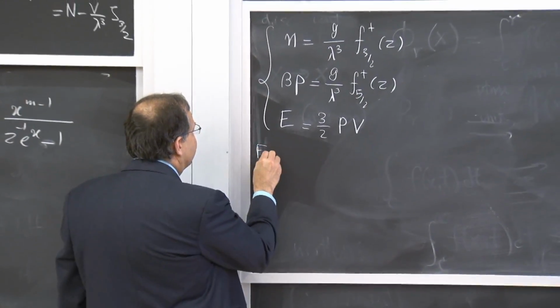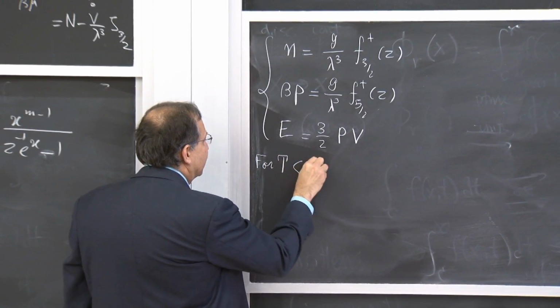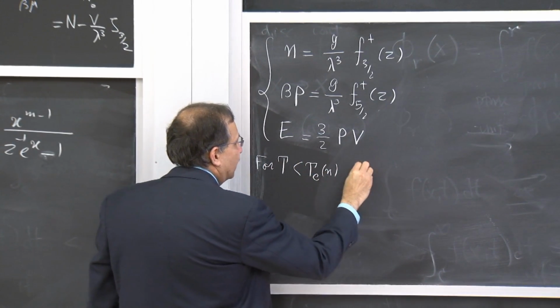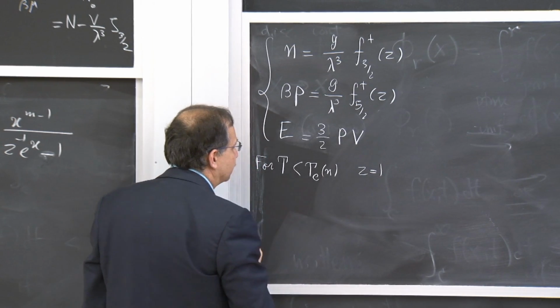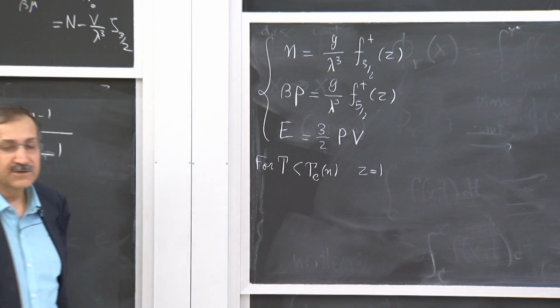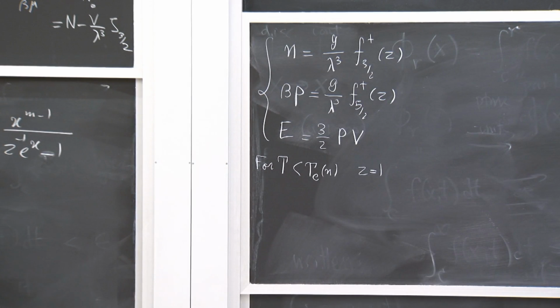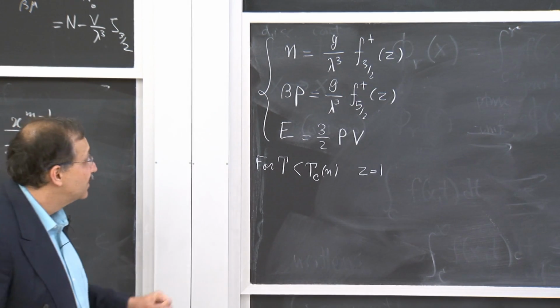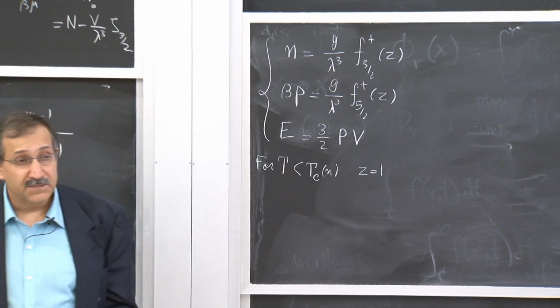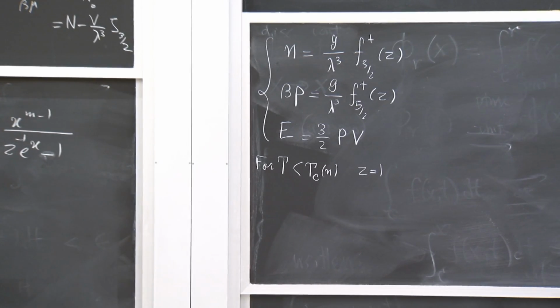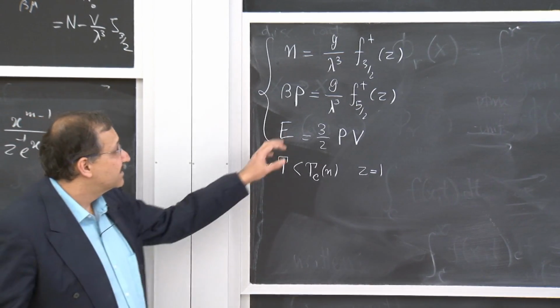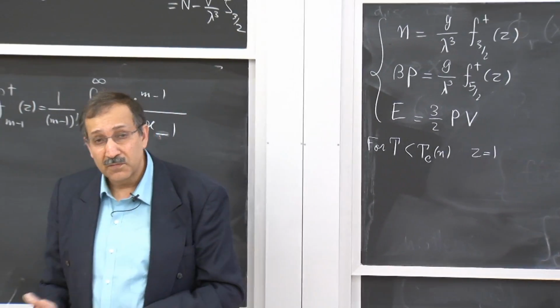What do I have? For T that is less than Tc of n, my z is equal to 1. Pressure comes entirely from particles that are moving around. So although the density breaks into 2 components, in principle, I guess I would say that the pressure also breaks into 2 components.